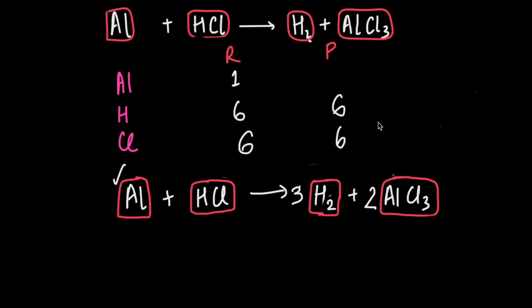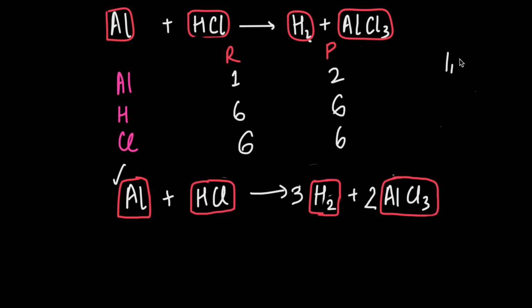If you get through this, you will be able to solve most equations. So here on the aluminium side, we're going to write 2. So once again, I have an imbalance. I have two atoms on the product side of aluminium and one on the reactant side.